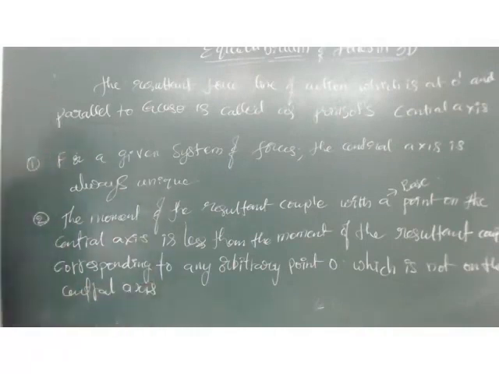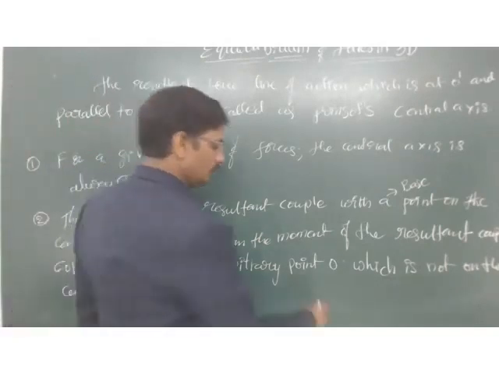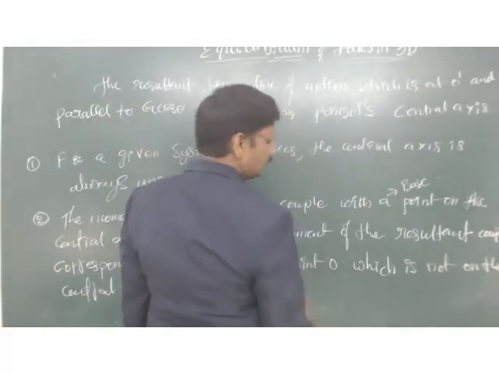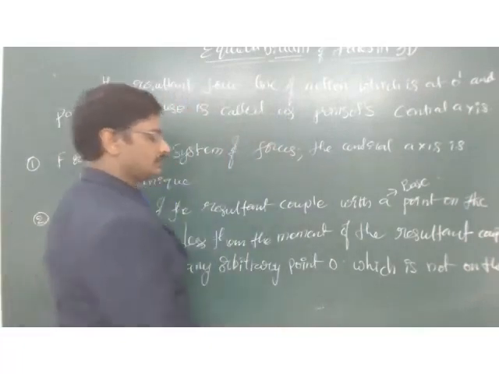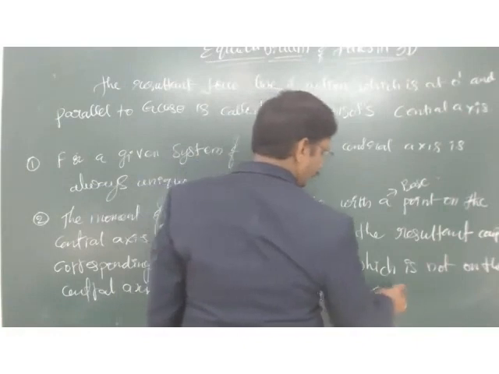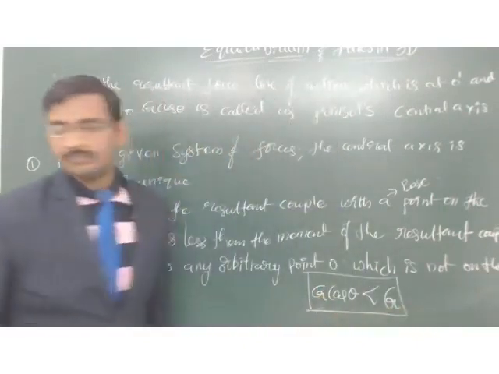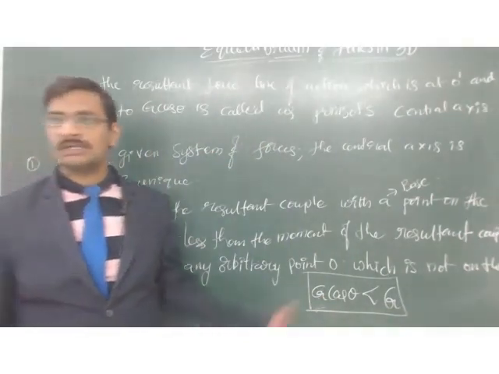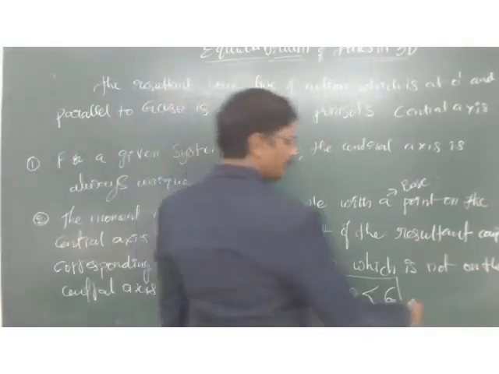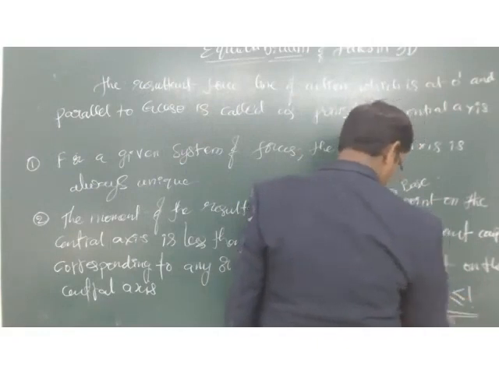That means if you take the base point on the central axis, the moment will be less, because if you notice, the moment along the central axis is G cos theta, and G cos theta value is always less than G. Got it? So G cos theta is always less than G, because cos theta is always less than or equal to 1.